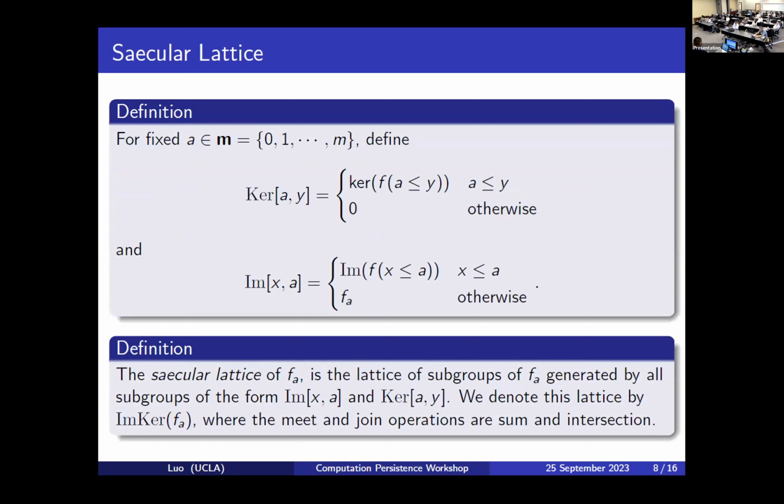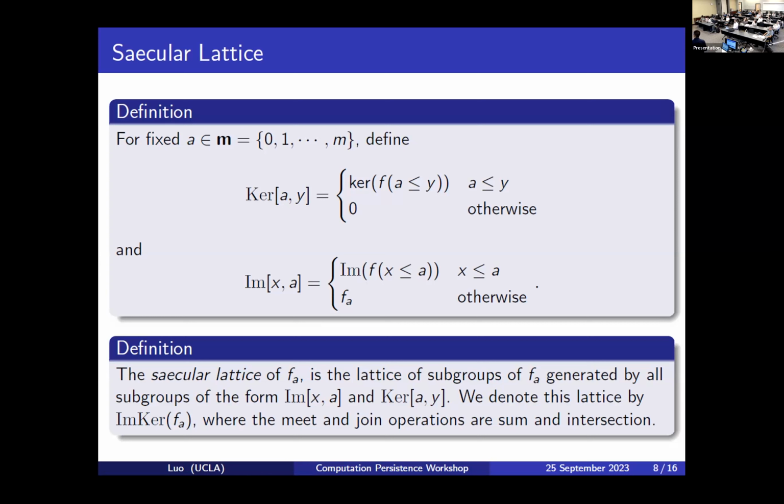So essentially the secular lattice is defined as follows. Given some a from 0 through m, we can define K^{a,y} to be the kernel of the structure map from a to y, given that a is less than or equal to y, and 0 otherwise. So the family of all these K^{a,y} are basically the kernels of the structure maps that originate at a, right?